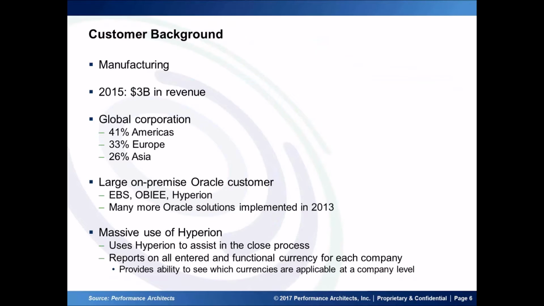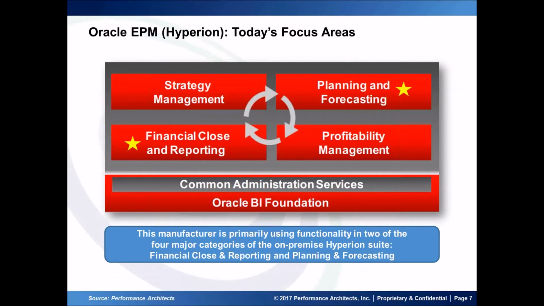So just to focus a little more on these specific areas or processes that we looked at. Again, from that title, we're looking at the financial close and the planning side. The image you're seeing on the slide right here shows strategy management, planning and forecasting, financial close and reporting, as well as profitability management.